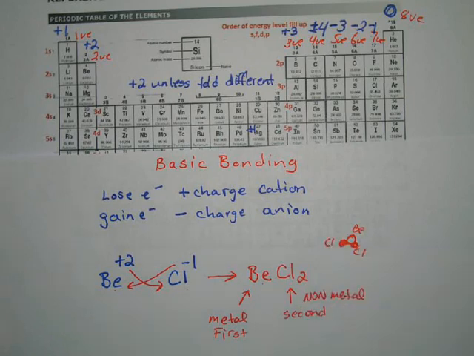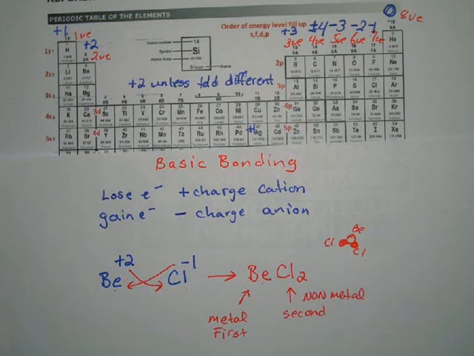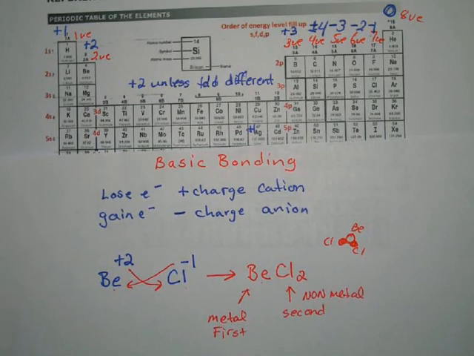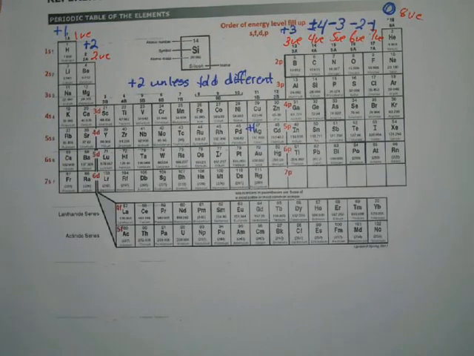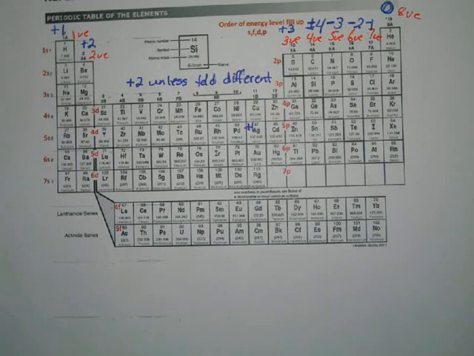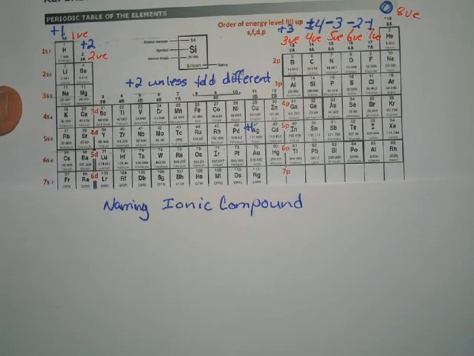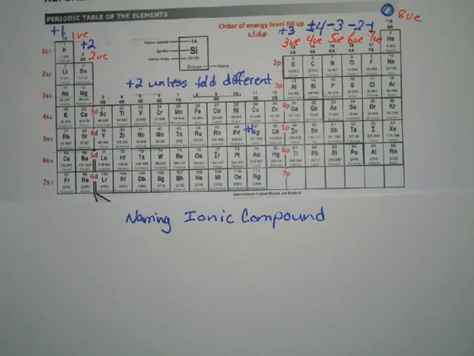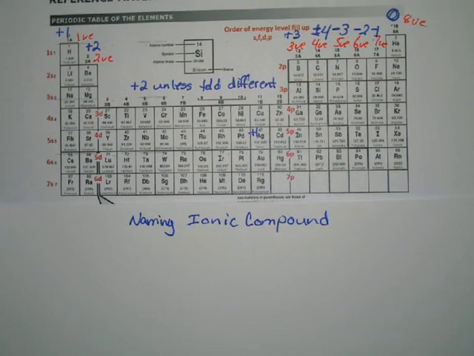So this is basic bonding. The reason why I'm teaching you basic bonding is because we're going to start talking about naming ionic compounds, and to do naming ionic compounds, you've got to know basic bonding.